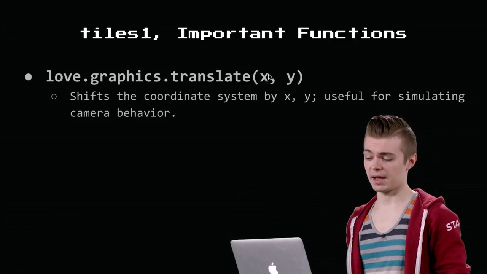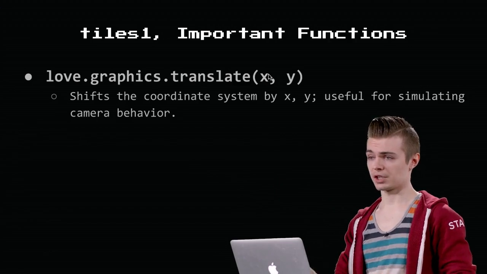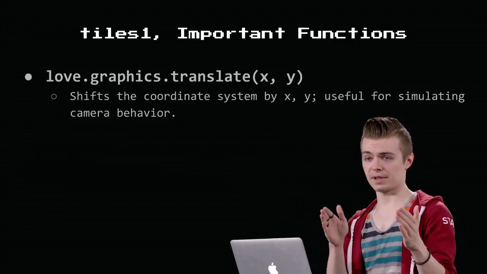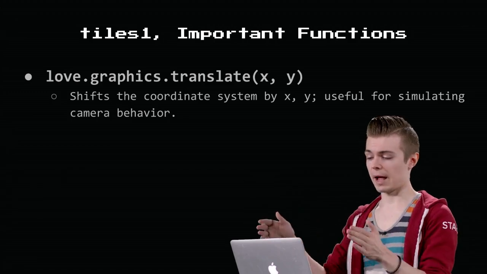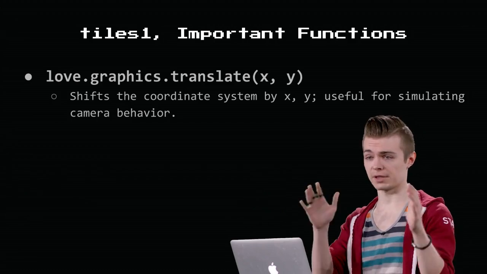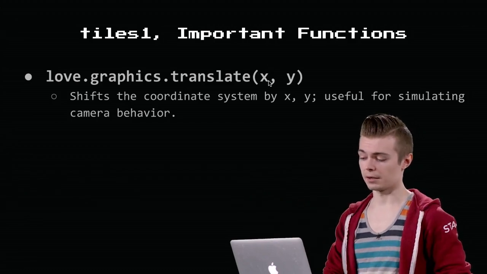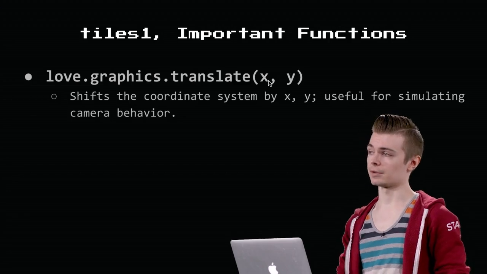And so if we maintain a reference to where the character is, we can just shift where everything gets drawn on the screen, and that'll have the effect of it being a camera. But it's not. All we're doing is just shifting the coordinate system based on some offset, X being, in this case, where the player is effectively.